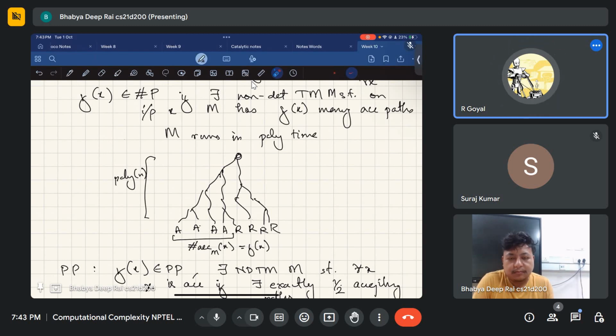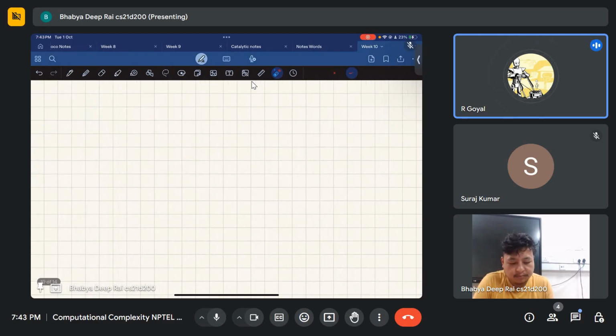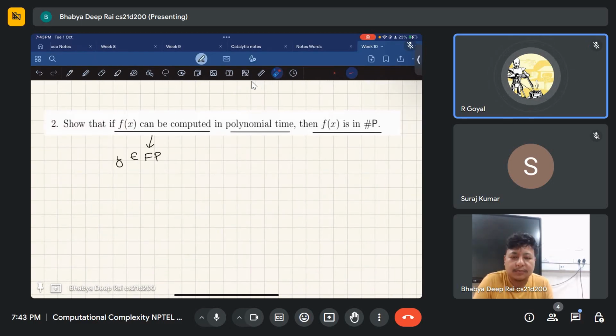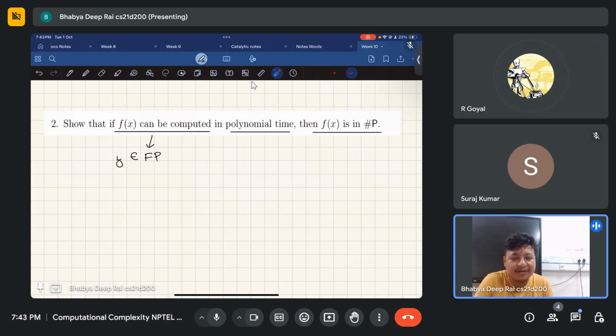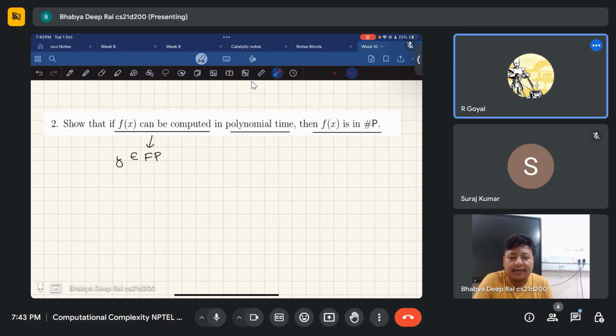So the Turing machine is non-deterministic, and it has f(x) many accepting paths. So you need to construct a Turing machine that has f(x) many accepting paths.